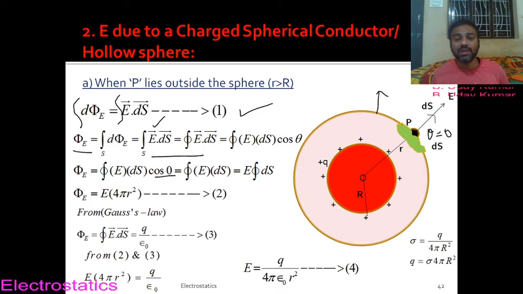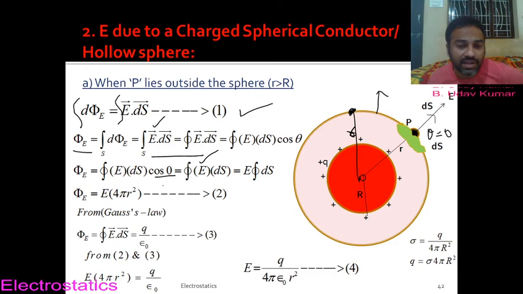Since it is symmetrical, even if point P changes, its distance remains the same. For example, if point P is here, the distance of this point P from the center of the spherical conductor remains the same. Here also it is the same, and hence E will be constant.